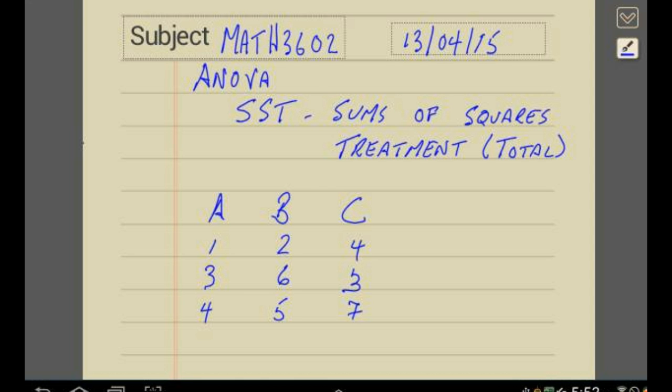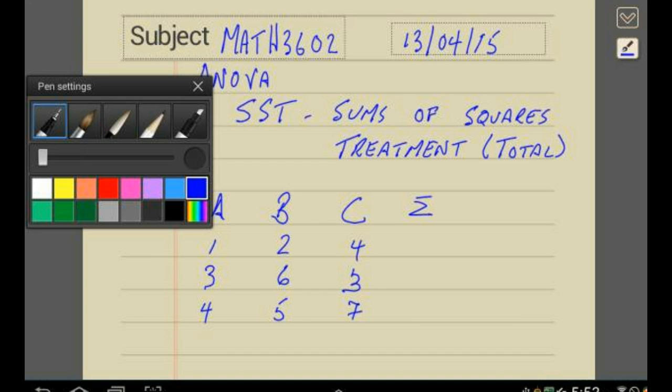We have to first of all get what we call the grand total in order to get our grand mean. The grand total means we're going to use the summation symbol over all of these items, using each of them to make up our grand total to determine our grand mean.